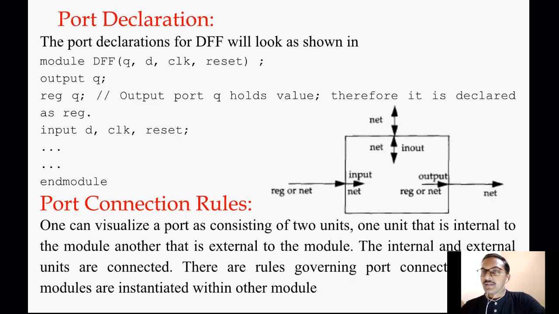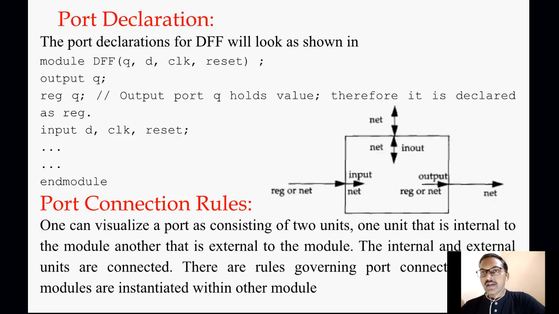Similarly at the right side it is defined as net, and the output internal to the module will be defined as register or net. If there is a bidirectional bus, then we use the inout keyword. Both outside the module block as well as internal to the module block, we define this as net. So remember this.